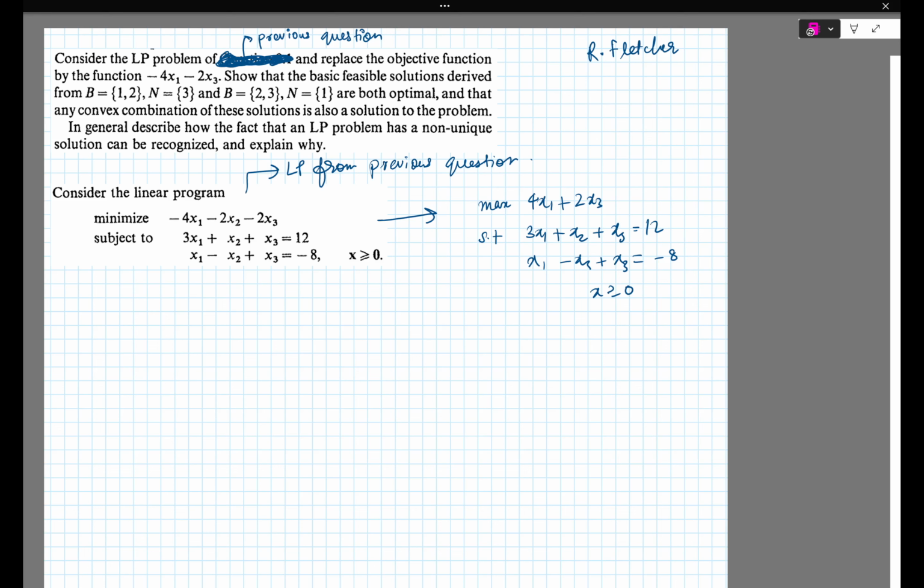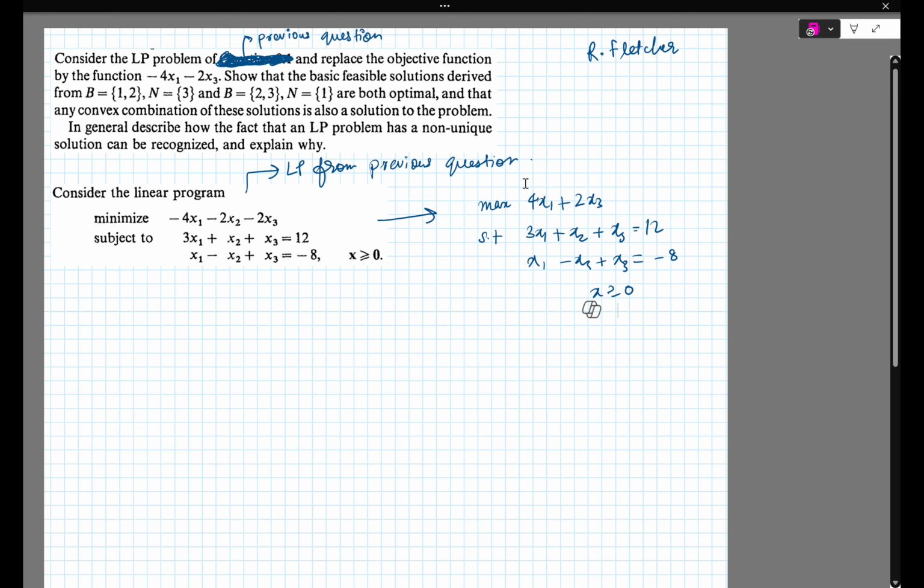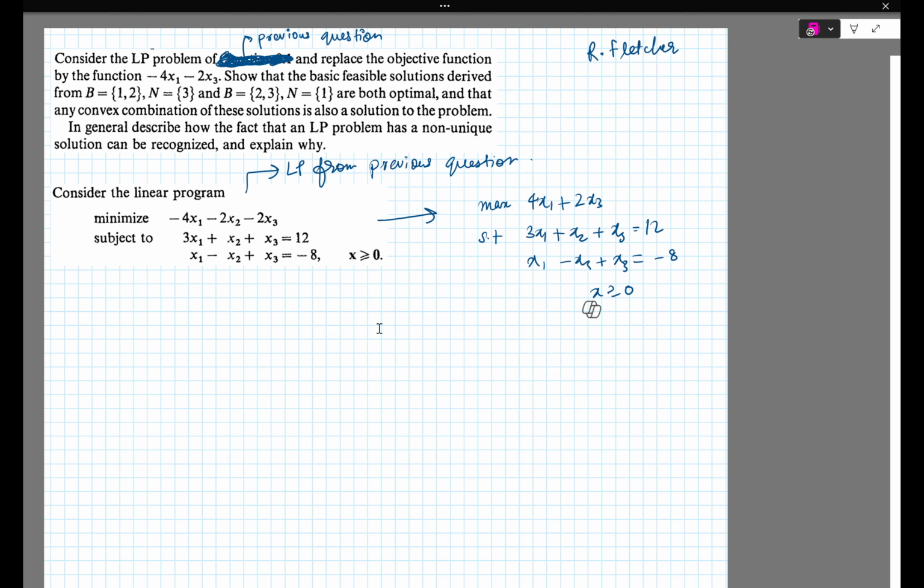So they are saying show that the basic feasible solutions derived from are both optimal. So we have to check in the simplex table that zj minus cj is 0 for some non-basic variable. Then it will have infinite solutions. Like if there are two solutions, then it will have infinite solutions because every convex combination will also be a solution.